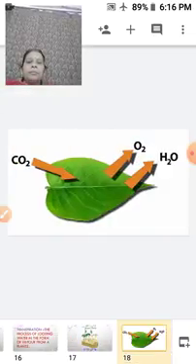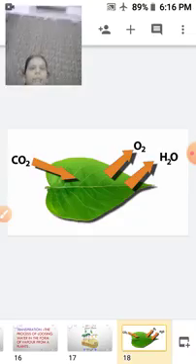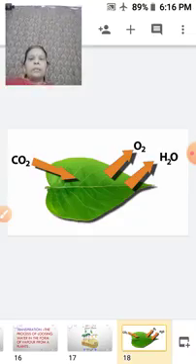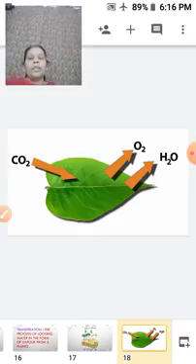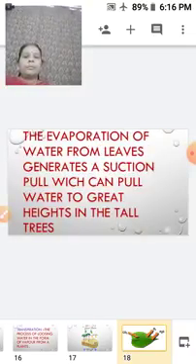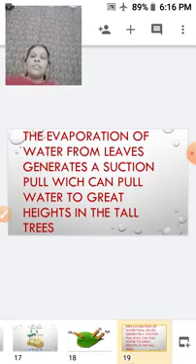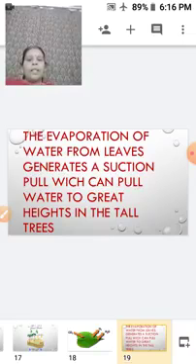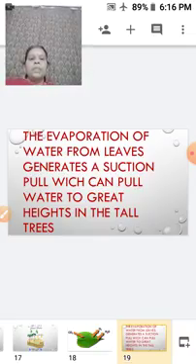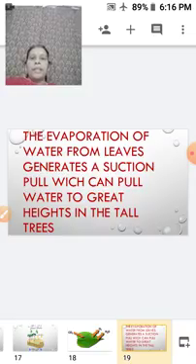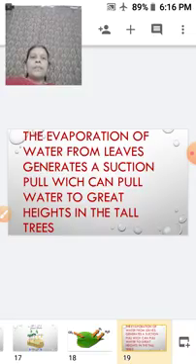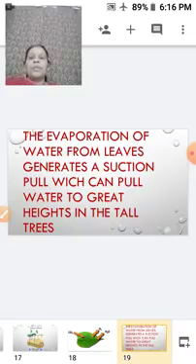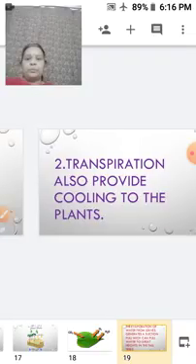As I said, the plants take in carbon dioxide and give out oxygen and water. The evaporation of water from the leaves generates a suction pull which can pull the water to a great height. This is done by the ascent of sap, as I just told you.